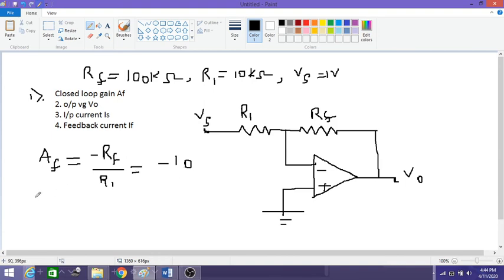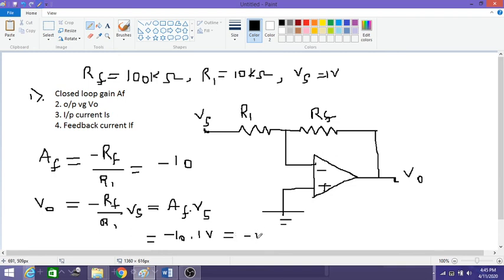Next we have to calculate the output voltage. Output voltage is given by V0 is equal to minus Rf by R1 into Vs. We can also write this as AF into Vs. AF we already calculated, it is minus 10. So minus 10 into 1 volt, then you will get an output of minus 10 volts.